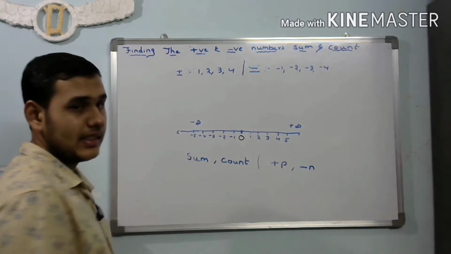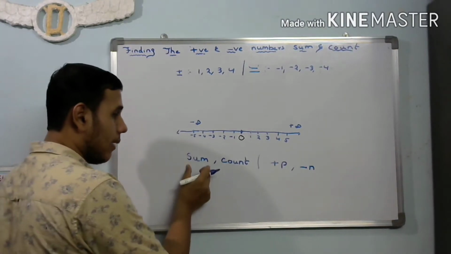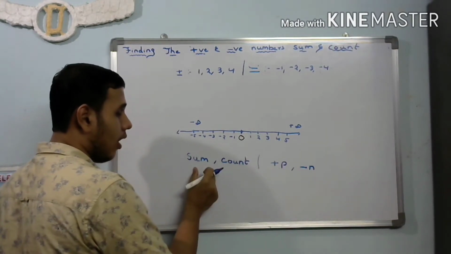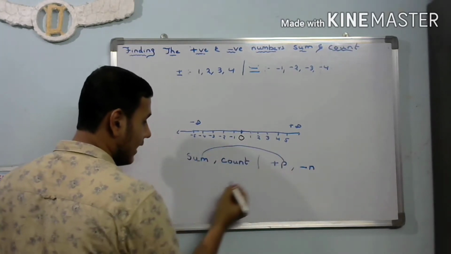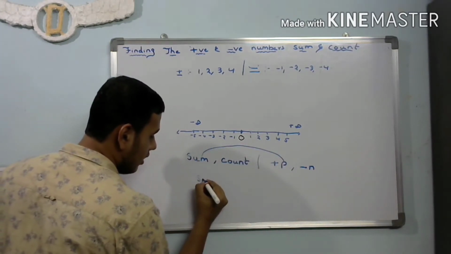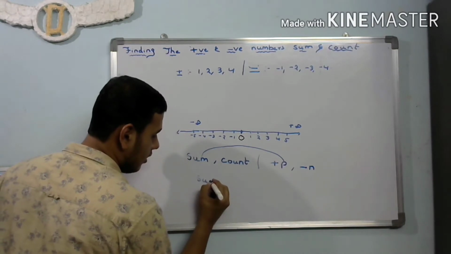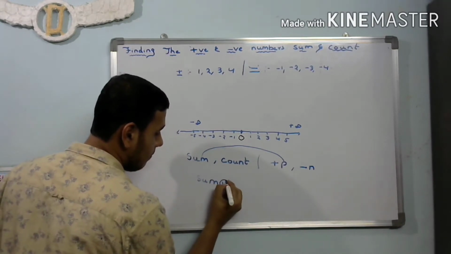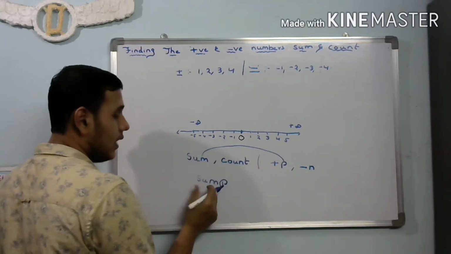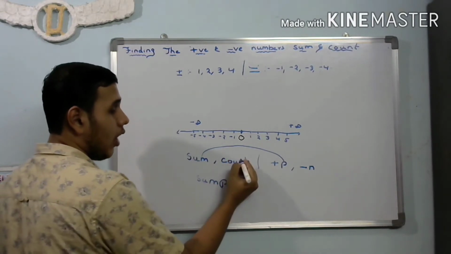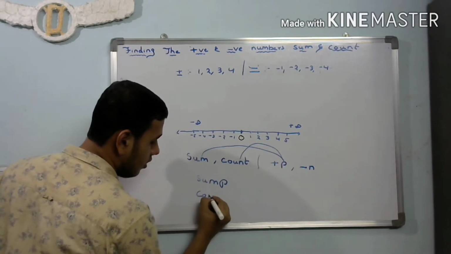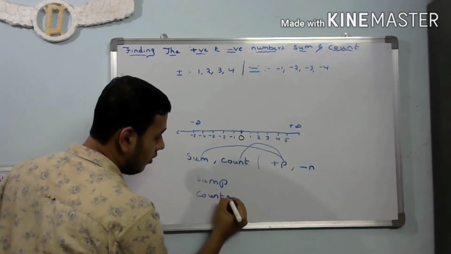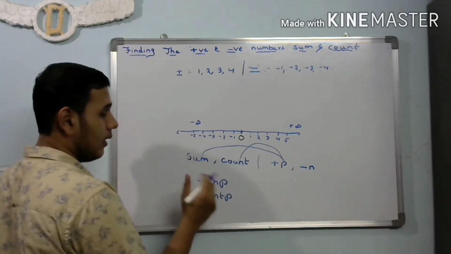So now let us see. I should find the sum of positive numbers. I can write it as sum p, meaning the sum of positive numbers. Now the count of positive numbers: count p.